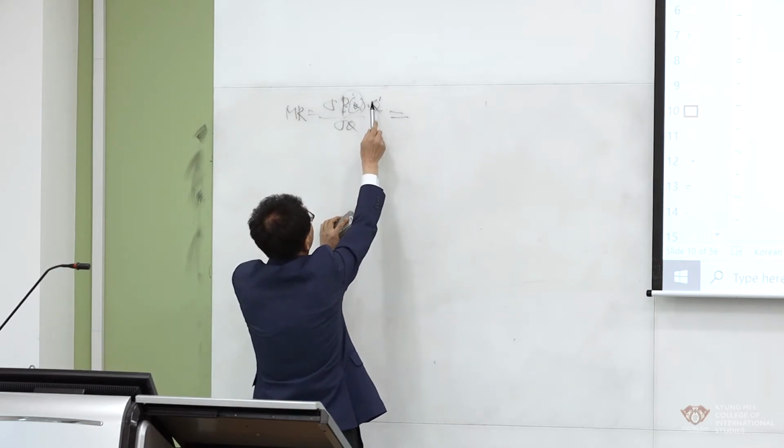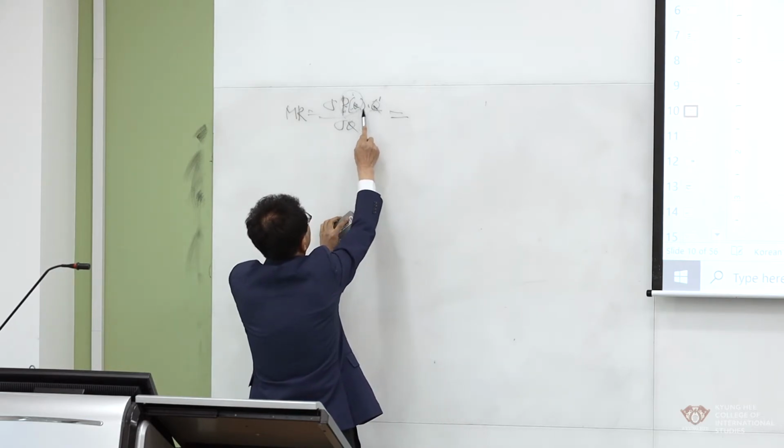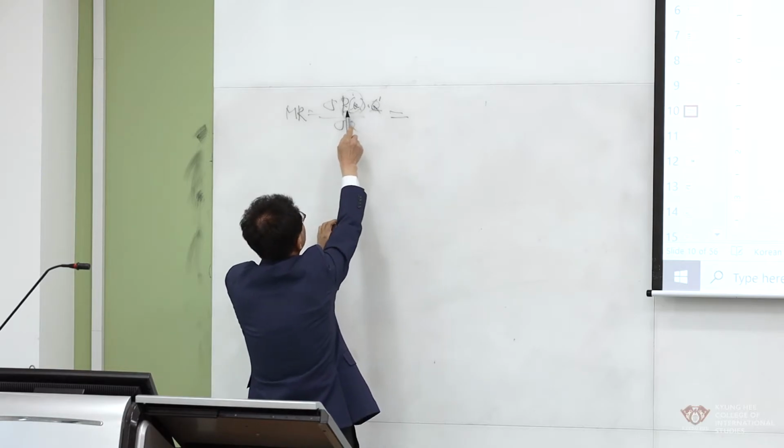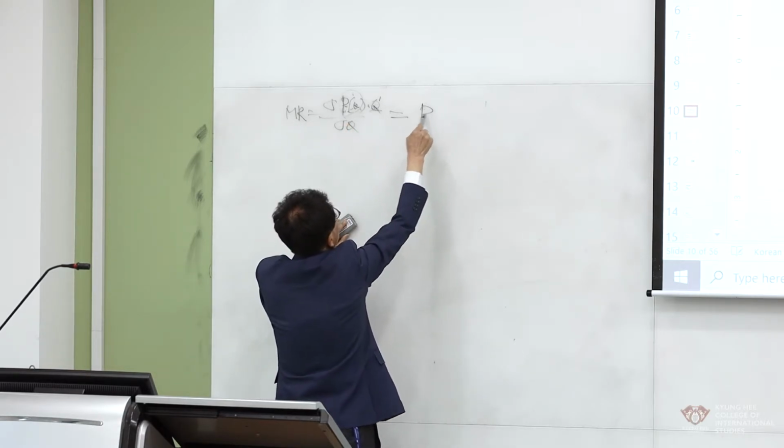Then this one is variable and this one is constant, so changing Q disappears, this one is a constant number, so just P is left. That is the first component.